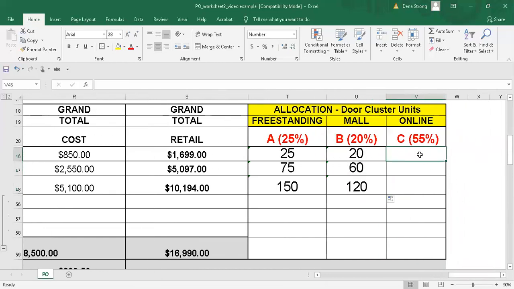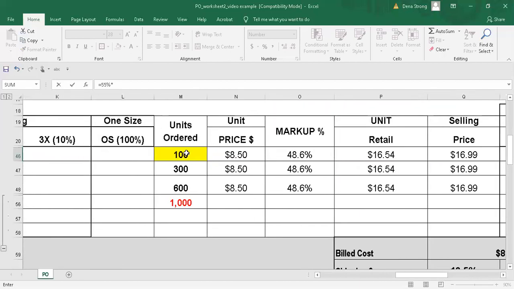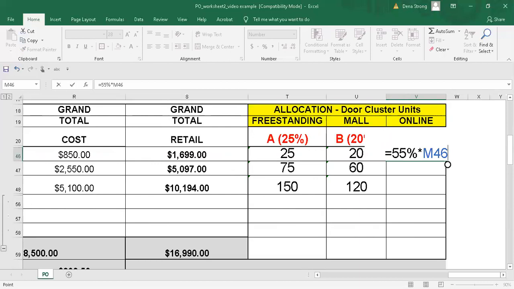And then finally, our online shoppers: 55% of the units are going to the online stores, for the website. So 55% times, again, let's click on 100 so we don't run the risk of miscalculating.